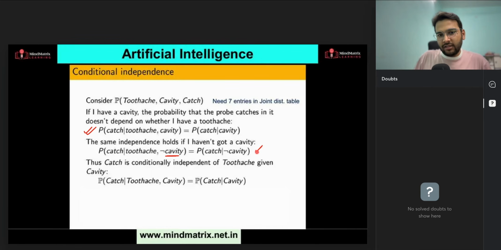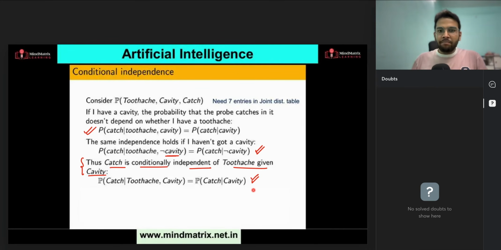So similarly, we can write this statement as well. Clear? Okay. So we can conclude that catch is conditionally independent of toothache given cavity. This is important, given cavity. So this thing we can easily write down.